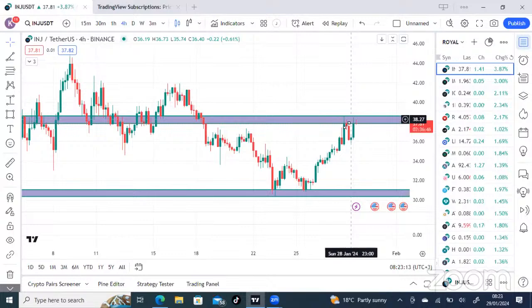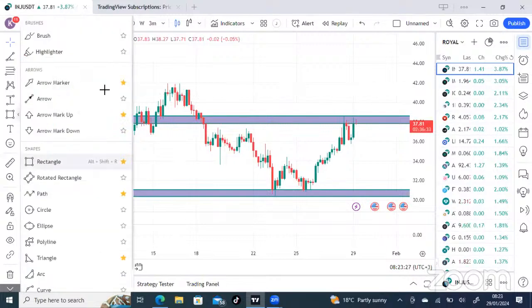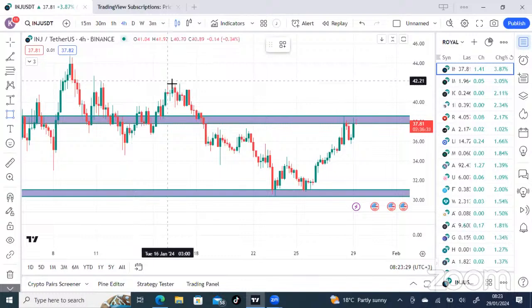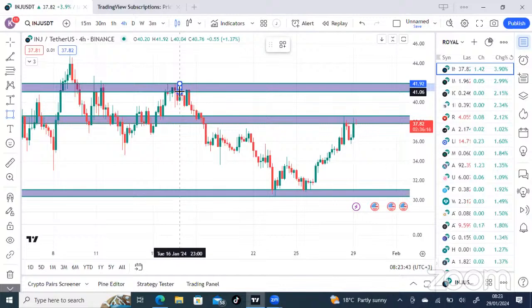But above this support, there is an area where the market was resisted. So we are going to put our rectangle at the highest point where the market was resisted, to the close of the green candle at the top. We could go up to around there to get a more specific area, and there we go.